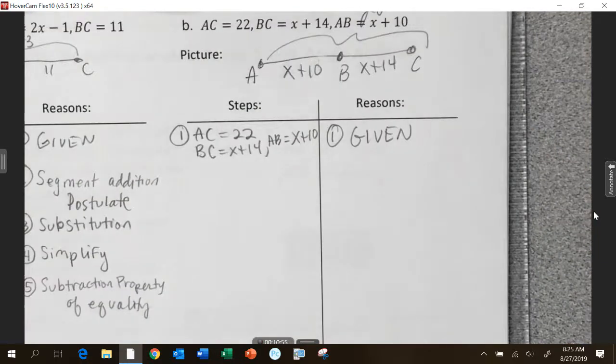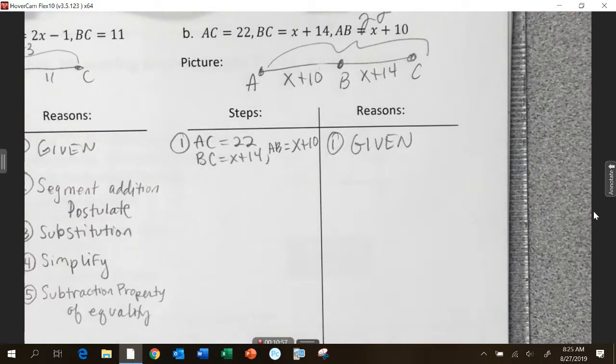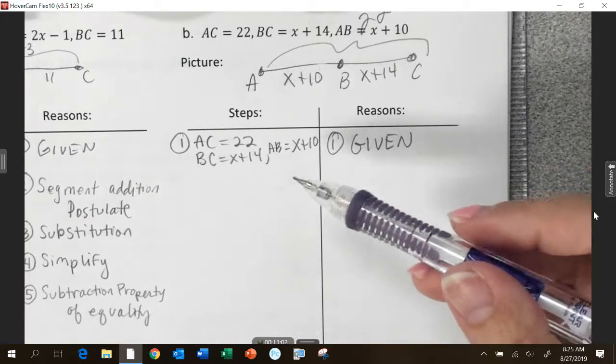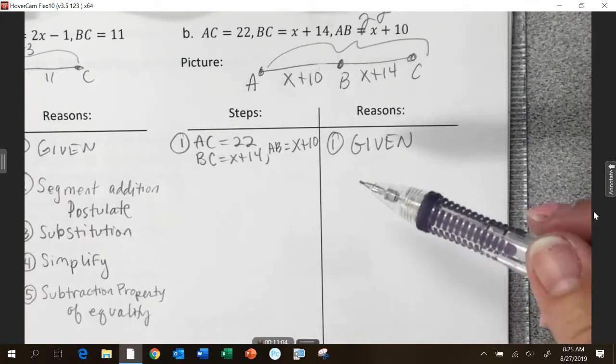So the first thing you want to do is list the information that was given to you. Just list the information that was given to you. It has to be in this chart. It has to be there or you can't use it.